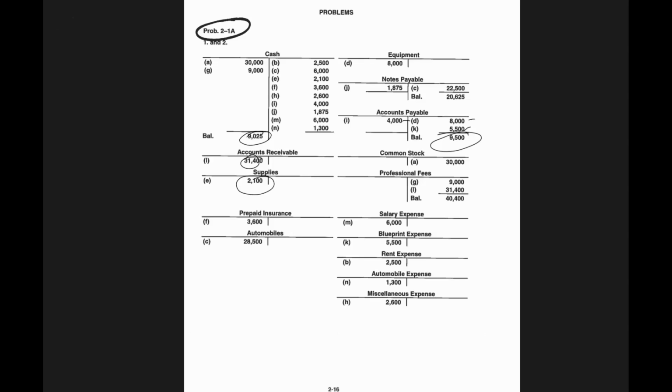So if there would be one thing that you could do different with that problem would be, let's just read letter A, issued common stock for 30 grand. So you first would have debited cash for $30,000 and then common stock for $30,000, and from this you would put the debit there and you would put the credit, if I can find, here it is, common stock for $30,000.